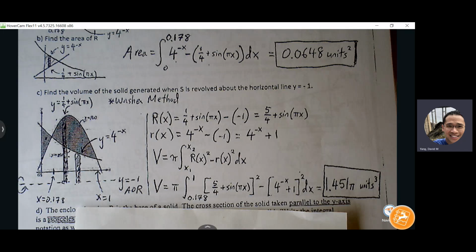And hopefully everyone is getting comfortable with their calculators, knowing how to find intersections, knowing how to call the integral notation.